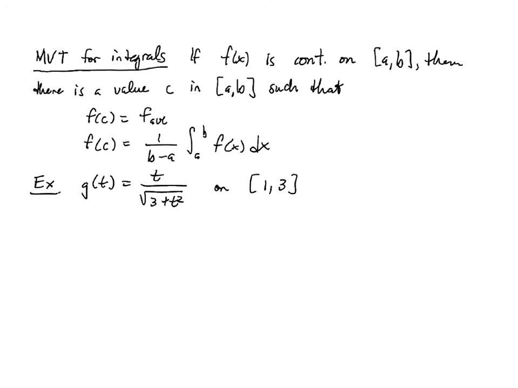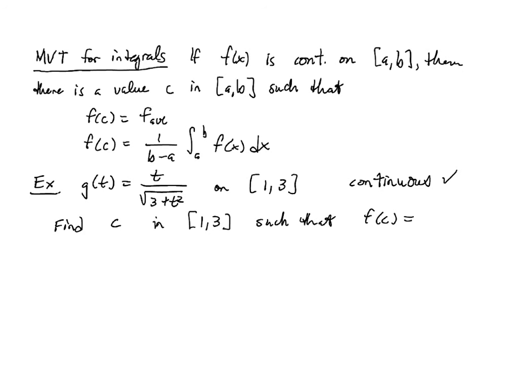I have a quotient of continuous functions, so it's continuous. And so we can find a value for c inside the interval from 1 to 3 such that g of c equals that average value.